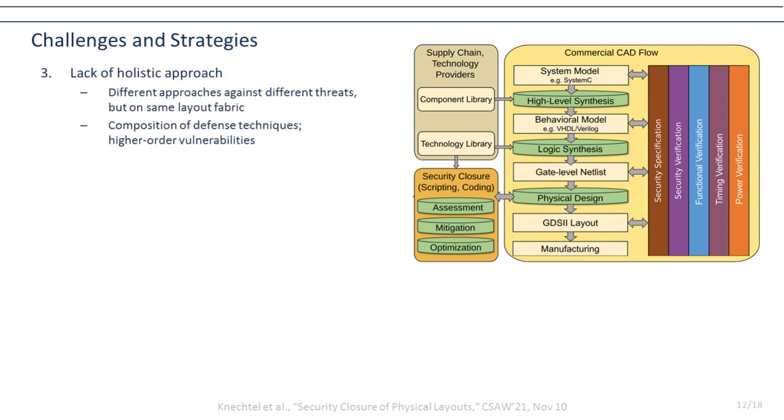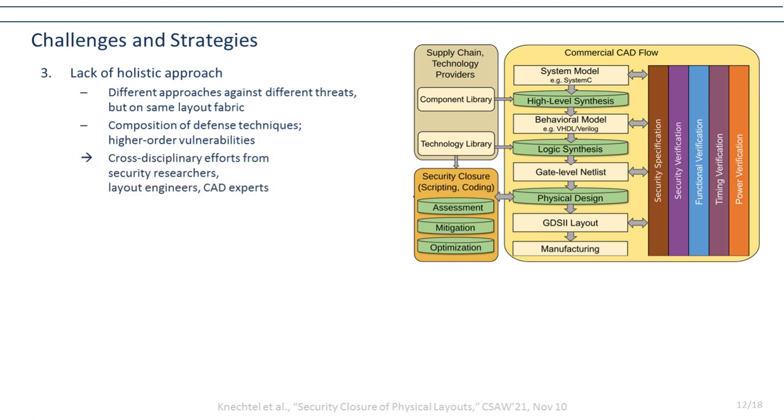Next, we see that there's a lack of a holistic approach, as in there are different approaches already established against different kinds of threats. But at the end of the day, they all have to work on the same layout fabric, so they should be more streamlined. In this context also, a challenge is the composition of different techniques. There could be higher order vulnerabilities arising. Just recall the example we gave earlier with the detection of laser faults, which gave rise to a new side channel.